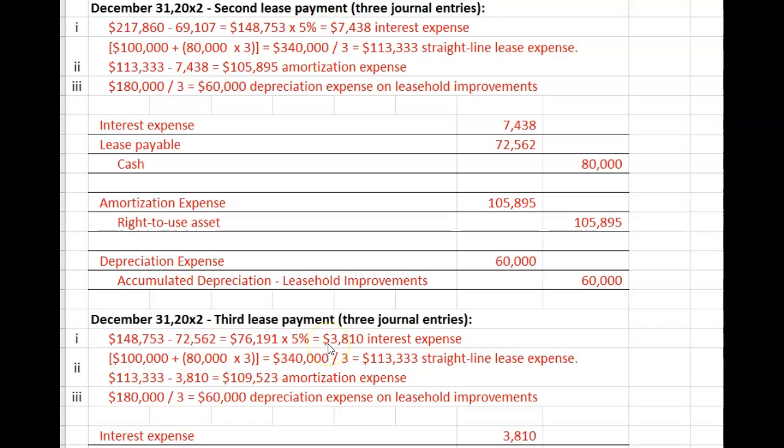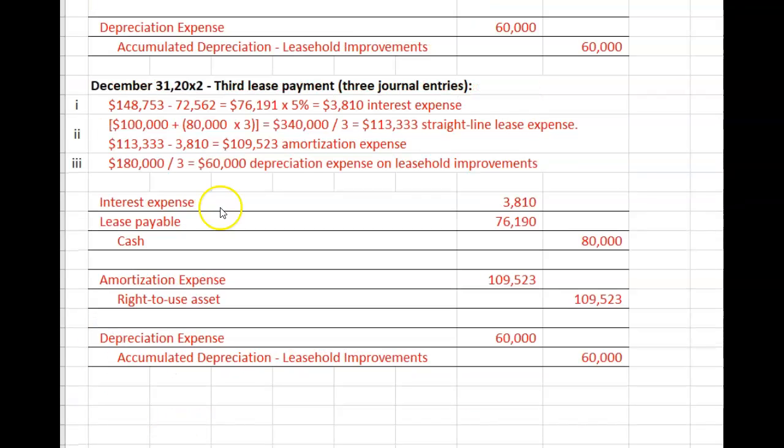And the interest expense for year 3 is $3,810. Debit interest expense, $3,810, credit cash for $80,000, and the difference is a debit to lease payable, $76,190.